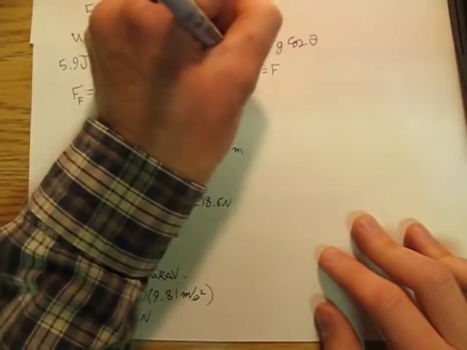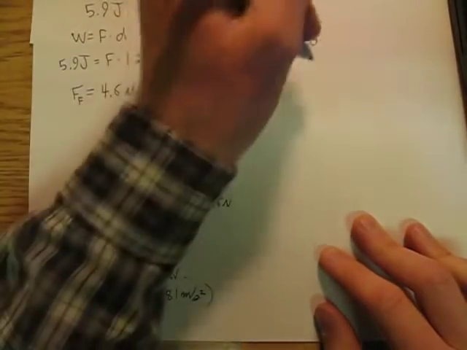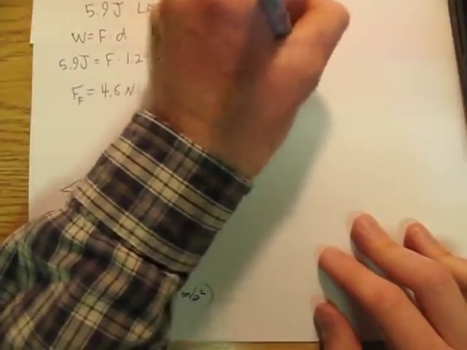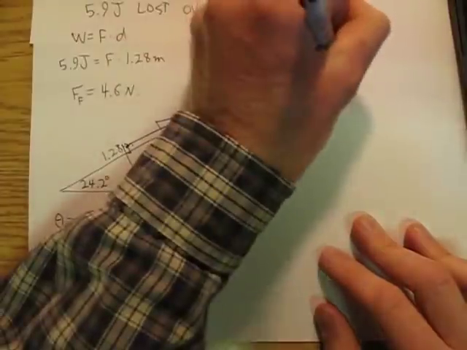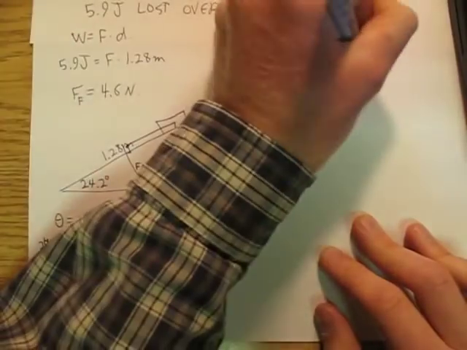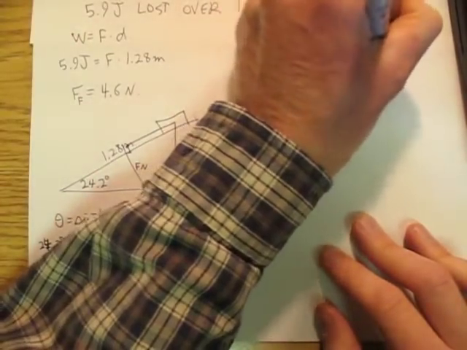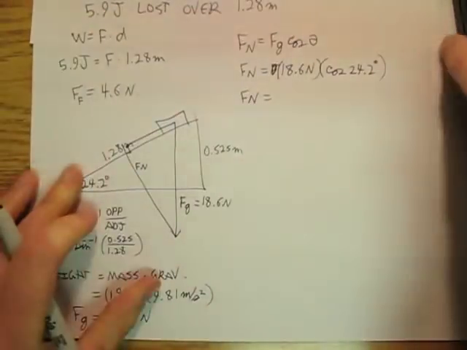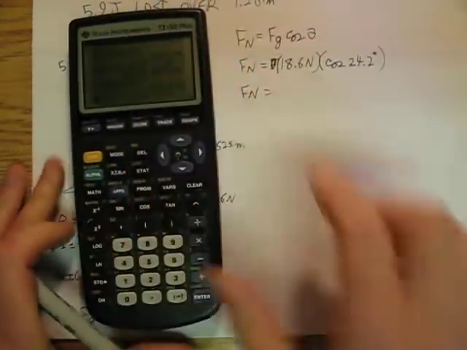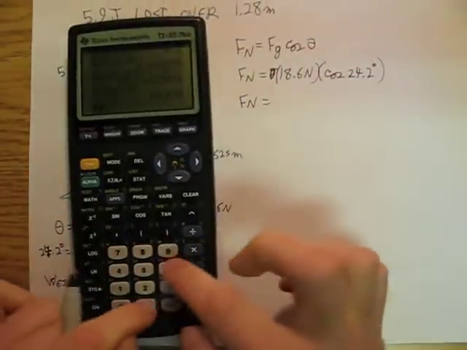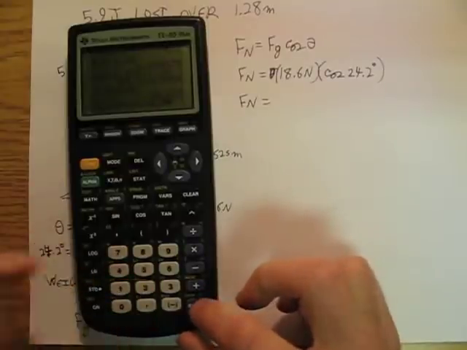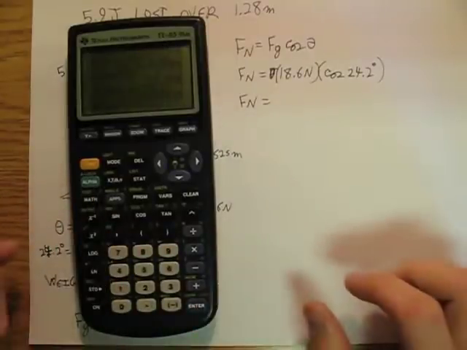So that's going to be 18.6 times cosine 24.2. So my force normal is going to be, call it 17 newtons.